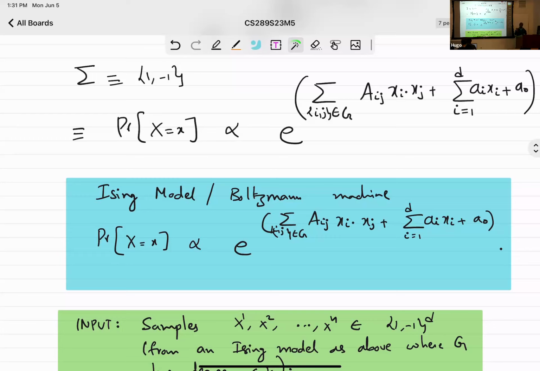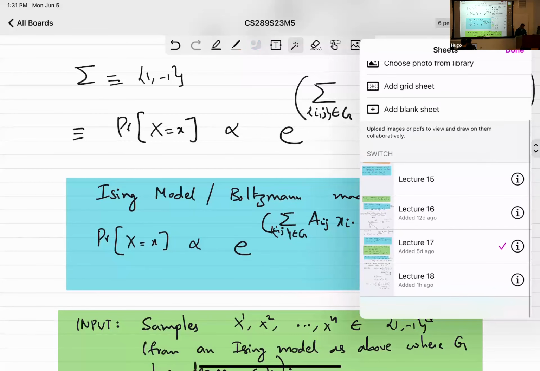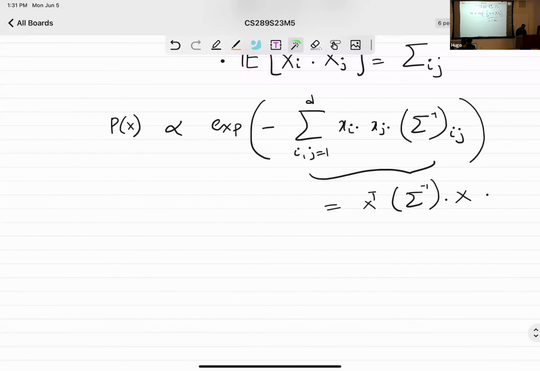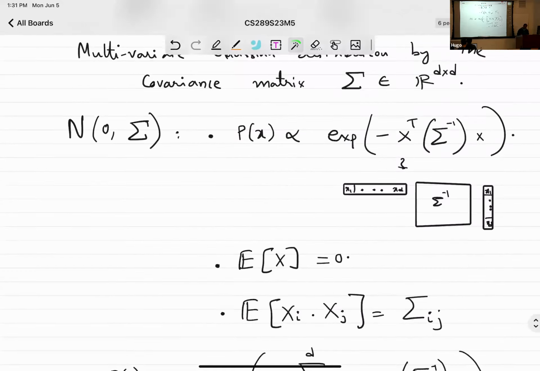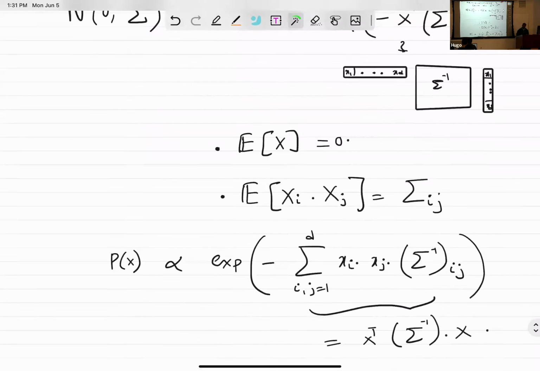But you still have the summation over ij of sigma inverse ij times Xi Xj in the exponent. You have this quadratic function. So just keep that in mind, there is some sort of similarity between this and what we saw. And one other thing to keep in mind is not all matrices sigma are allowed in the definition of multivariate Gaussian. Okay, the covariance matrices are special.